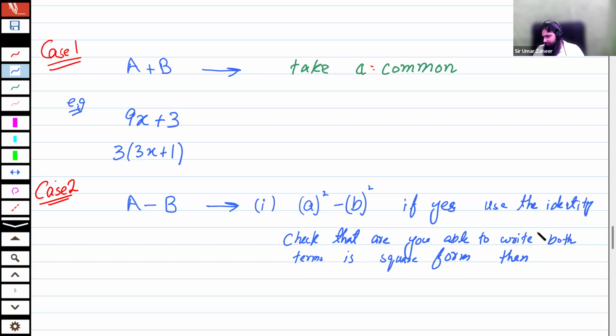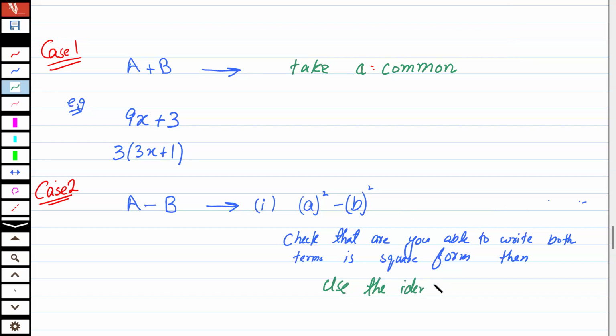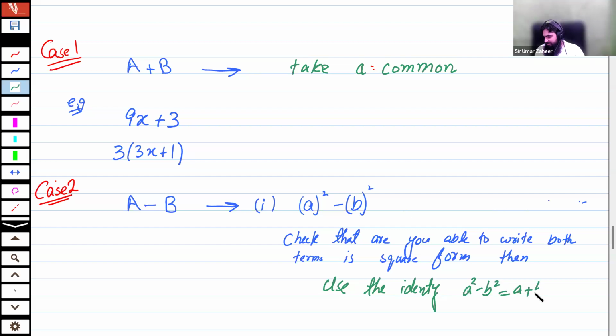Then what you have to do is use the identity: a square minus b square is equal to a plus b into a minus b.